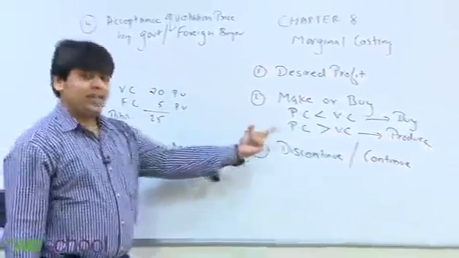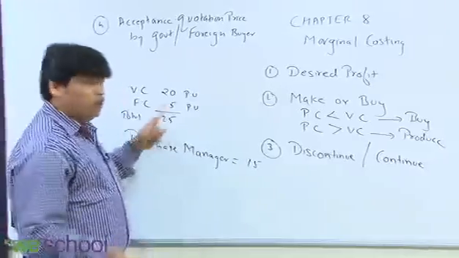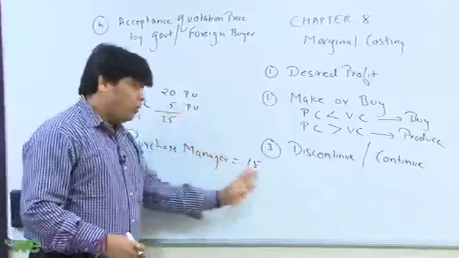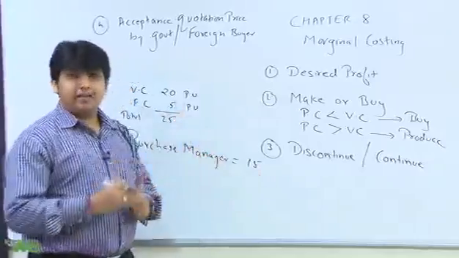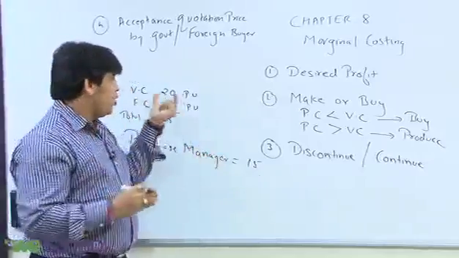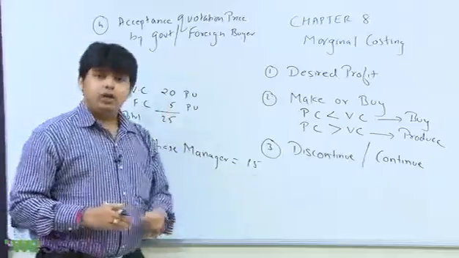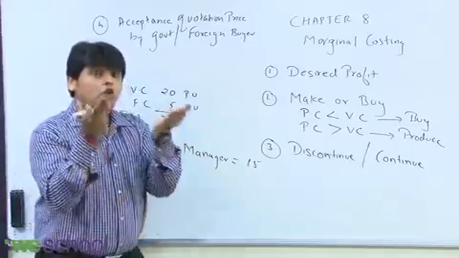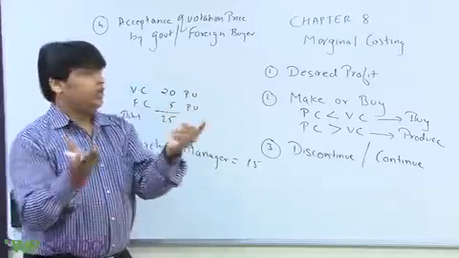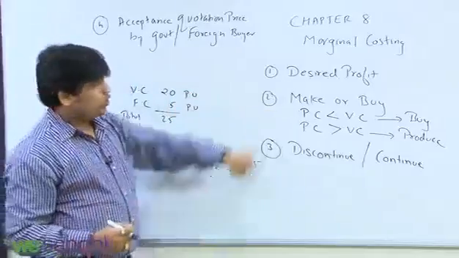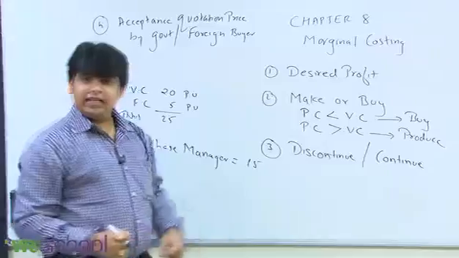Marginal costing helps you in that, because fixed cost will be there either way, so your pure decision will be on variable cost and buying cost. By comparing the total variable cost with the buying cost, we can take the decision. This is how the marginal costing technique helps you.